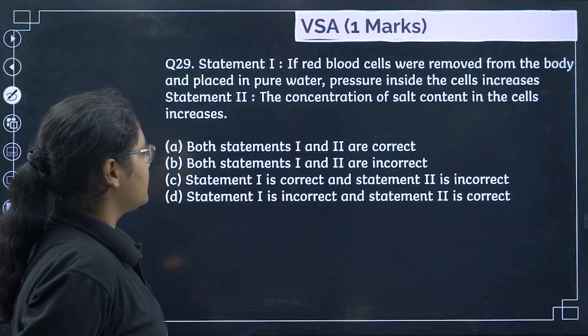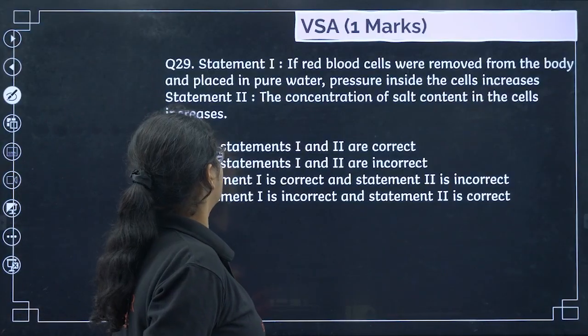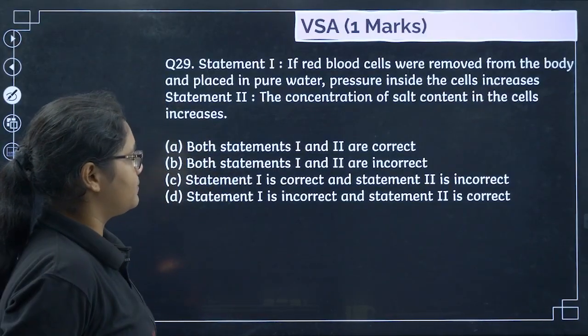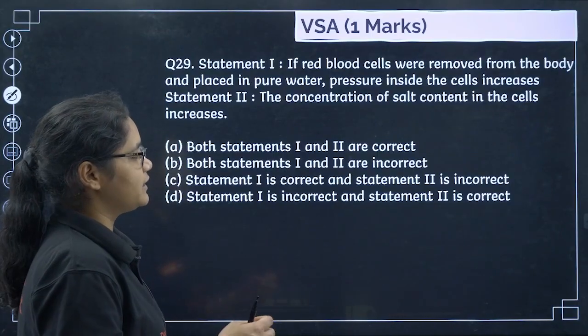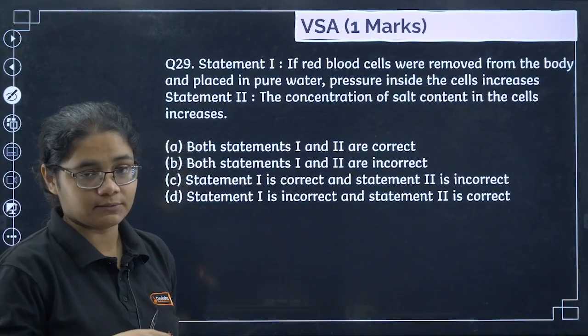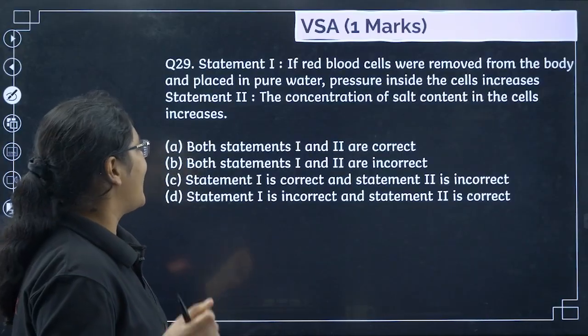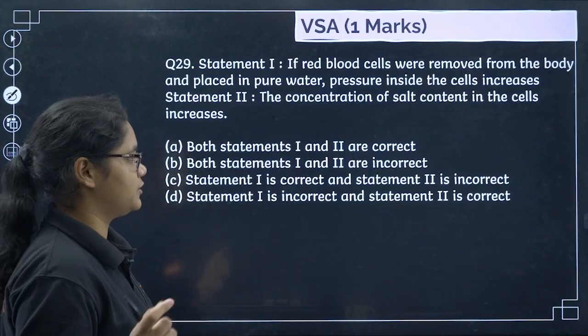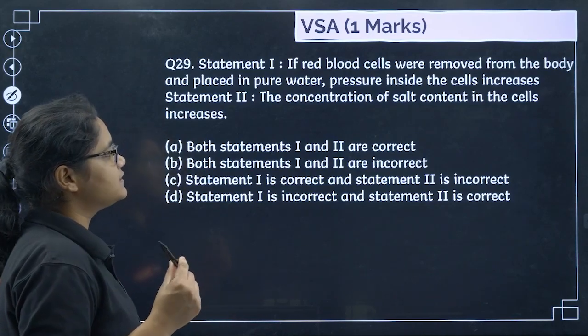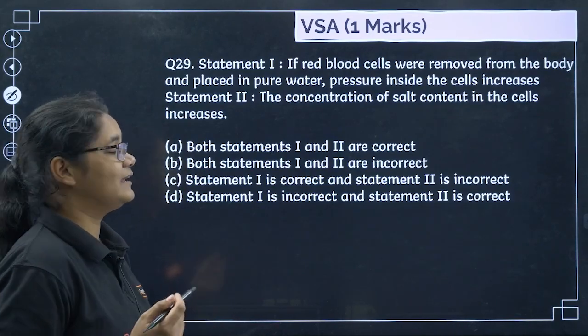Next, statement 1: if the red blood cells were removed from the body and placed in pure water, pressure inside the cell increases. Water will start flowing inside it, so pressure will increase inside the cell. Statement 2: the concentration of the salt content in the cell increases.